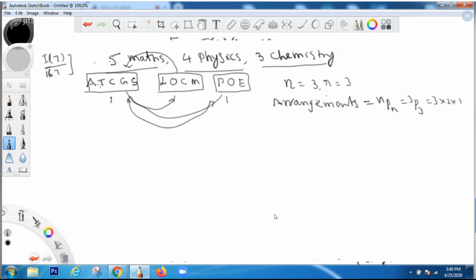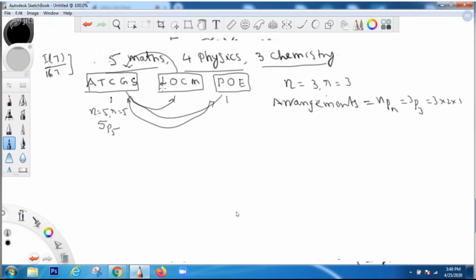So there are internal changes that can be made among the math books themselves. These five can be interchanged among themselves while tying. n is 5, r is 5, so the number of arrangements is 5P5.